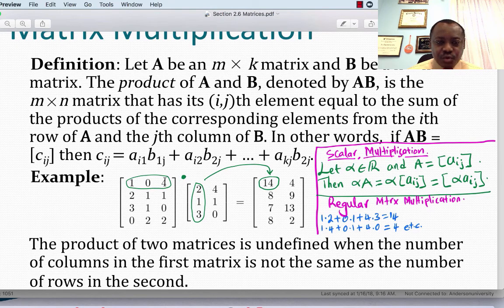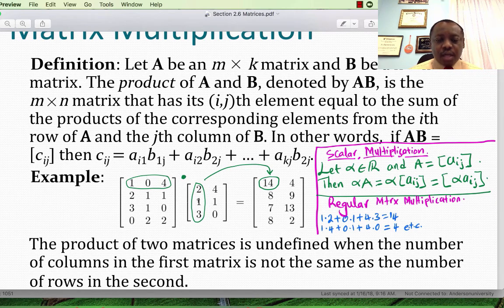So this row times this column will be 1 times 2 plus 0 times 1 plus 4 times 3, and I put the answer right here. So for the first operation, it is 1 times 2 plus 0 times 1 plus 4 times 3, and that gives us 14, and it goes right there.